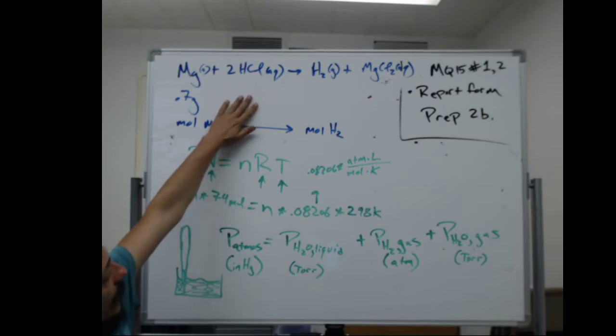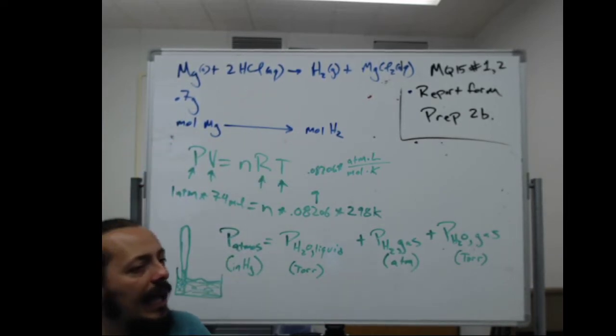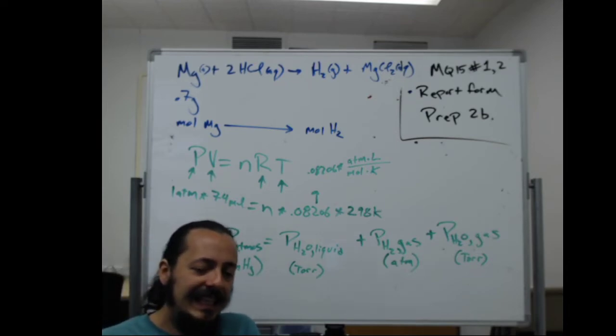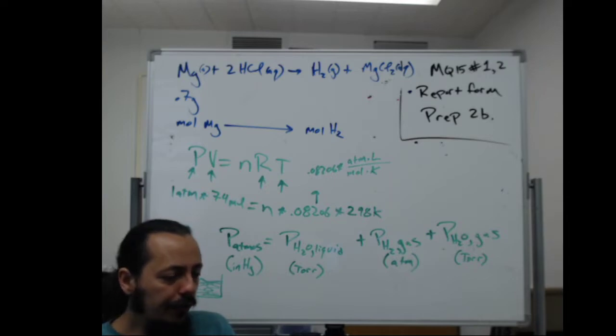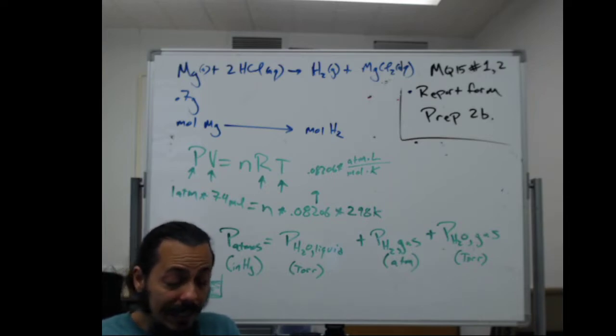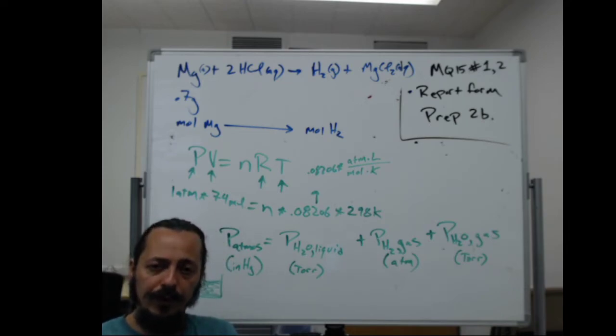For this first calculation, where you're assuming all of the gas and all the pressure is due to hydrogen, you are likely to get over 100% yield. And getting over 100% yield is something that absolutely happens in the real world.